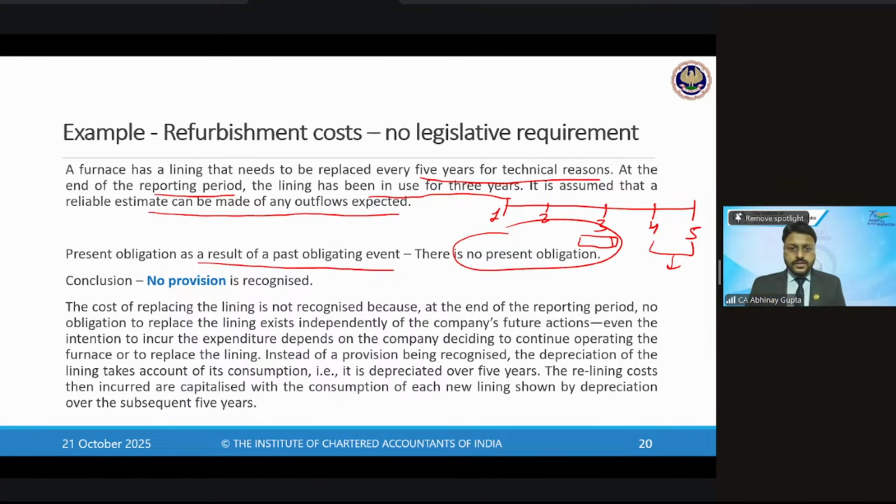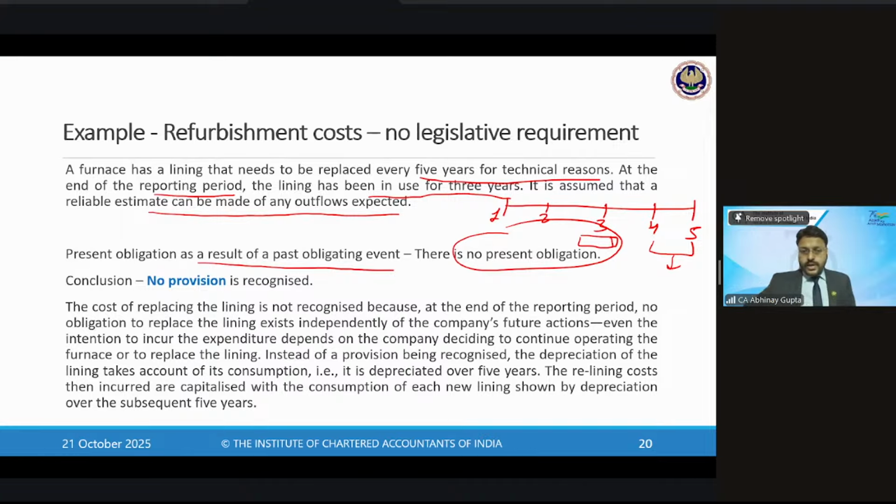It's our onus. So I only advise you to practice more and more such questions, and try to understand what the trigger is in the given facts, on the basis of which we can quickly identify which standard is applicable in this case.